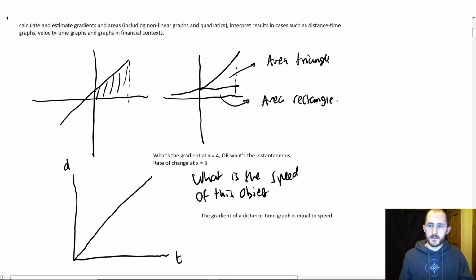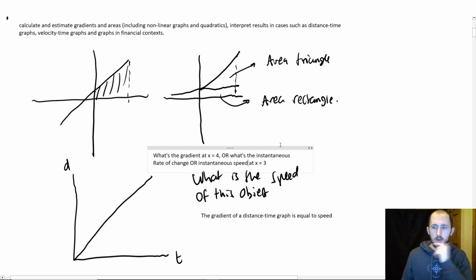So for example, in this case, would they ask that? I've never seen this, but something that they could ask you to do is, you know, I have this exponential looking curve here. They could ask you, what's the instantaneous speed? Right? All that means is you're working out the gradient. That's all it means. Okay?